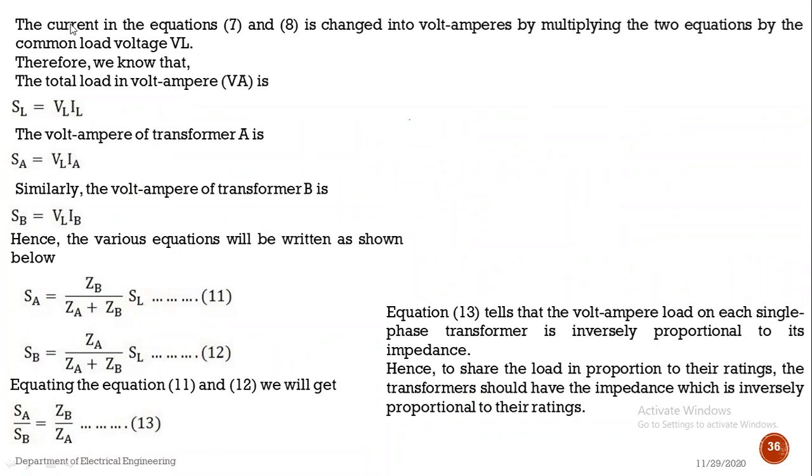Today we have calculated the SA and SB, that is load share or the VA load shared by transformer A, and SB, that is volt ampere load share by transformer B. Okay, getting all of you? लक्षात आलंय का?